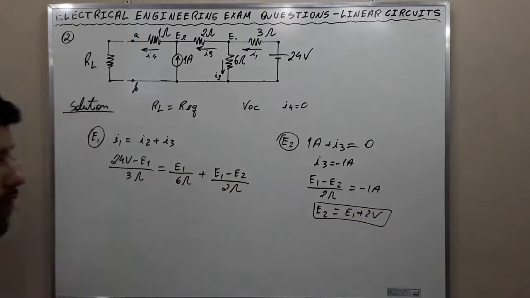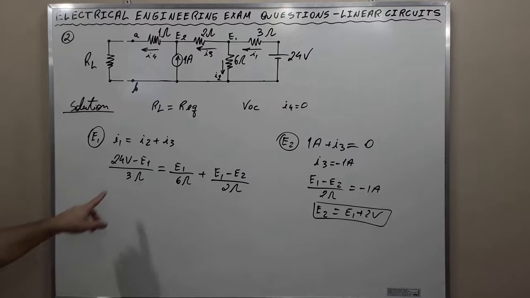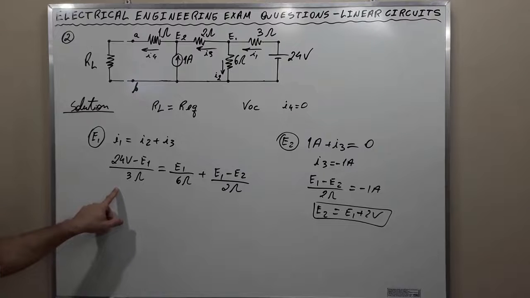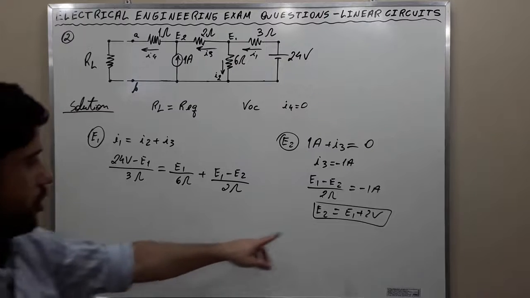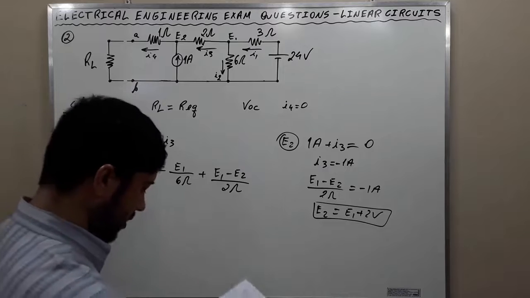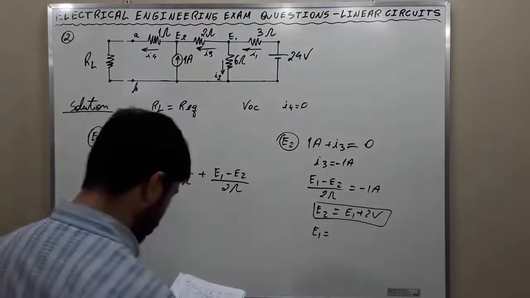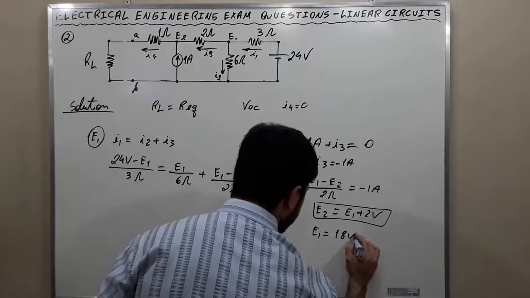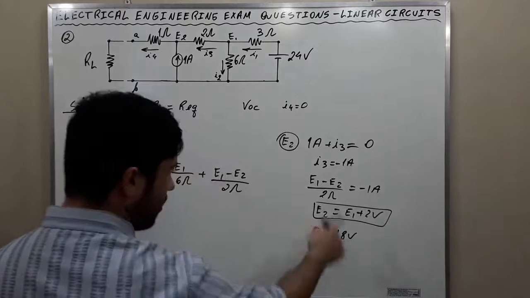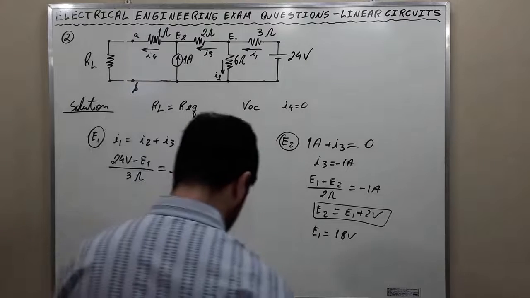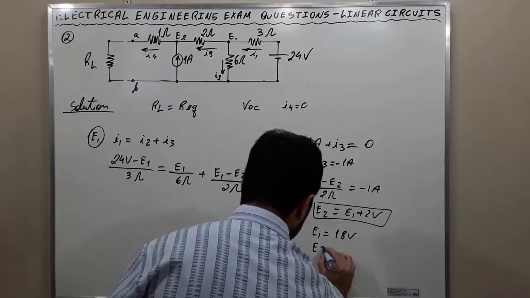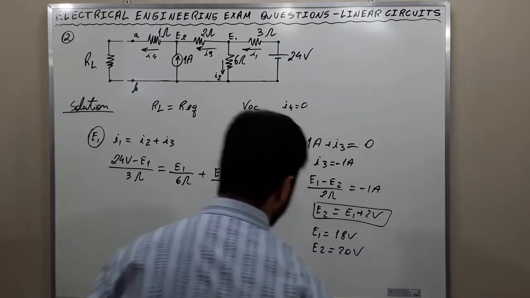We are going to use this to calculate the other quantities. If we return to the first equation, and using this, we're going to get that E1 is equal to 18 volts. And summing, we discover that E2 is equal to 20 volts.